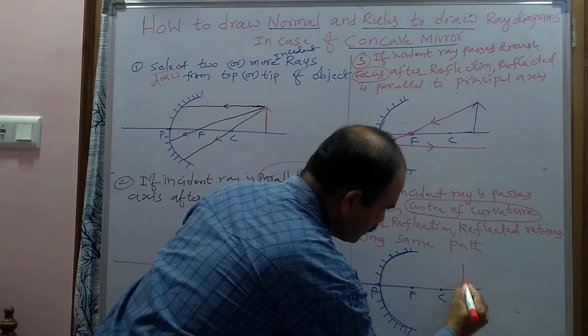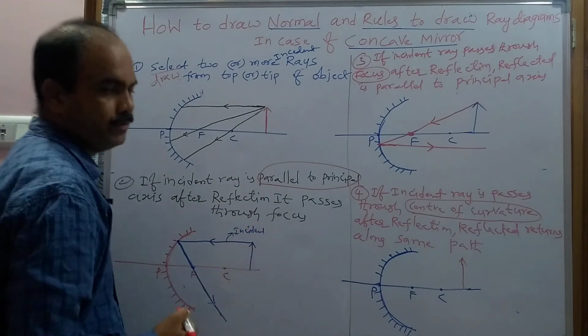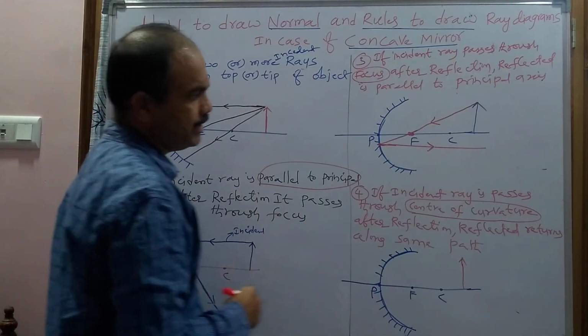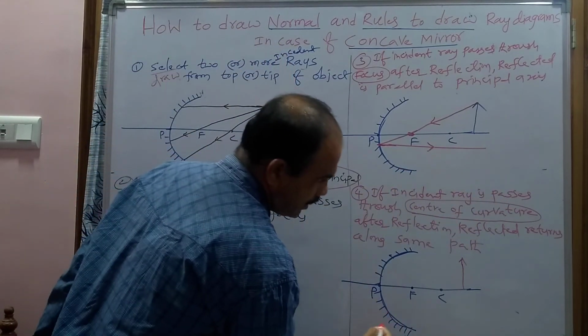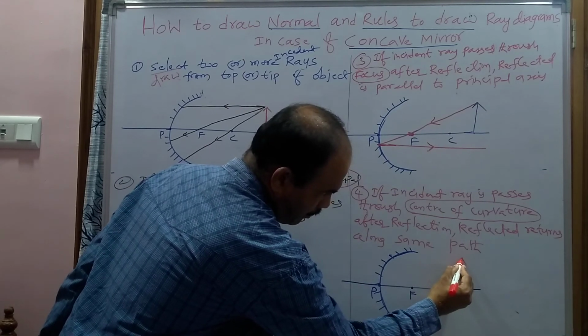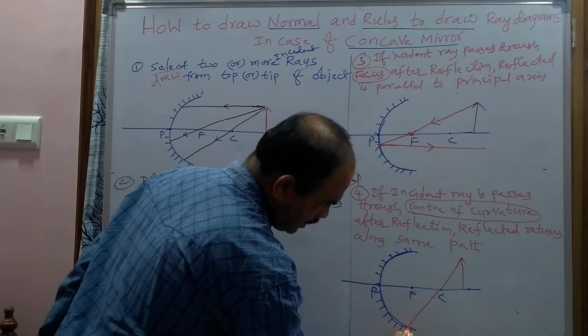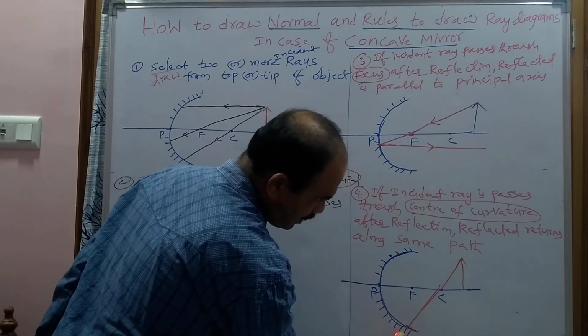This is the object. From where do I have to select the rays? From the top. When I am drawing the incident ray, what is the condition here? The ray must pass through the center of curvature. I am selecting a ray from the top of the object and it must pass through the center of curvature. After incidence on the concave mirror, what happened?